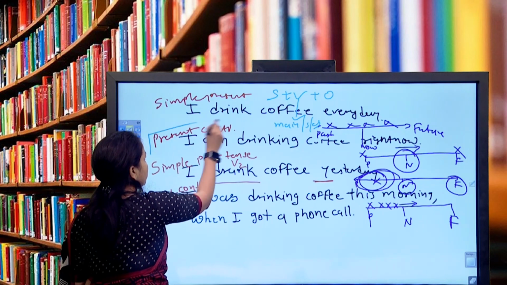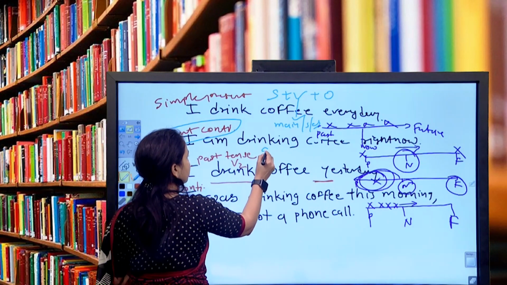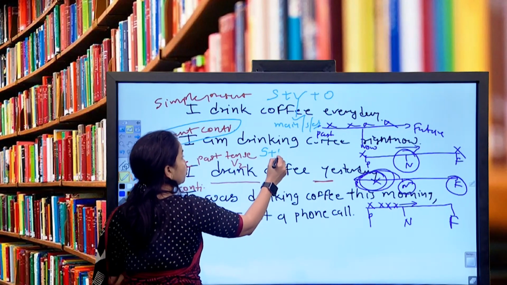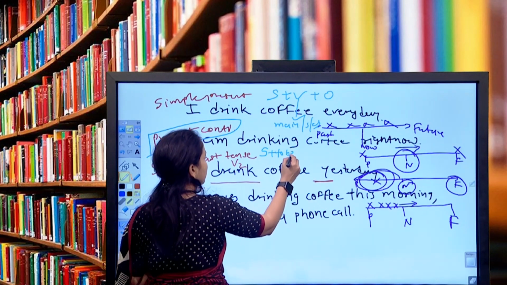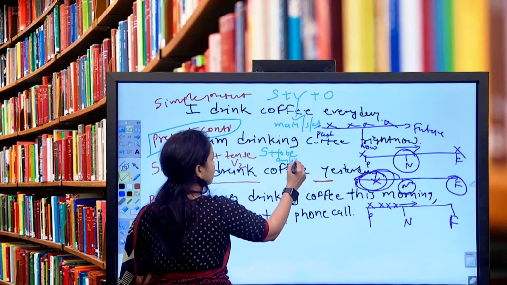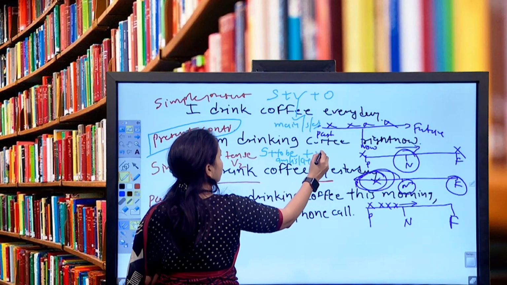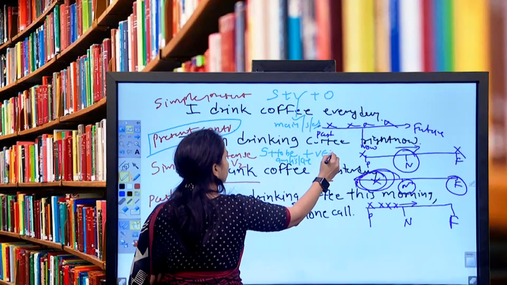If we talk about present continuous, what is the form of the verb? Subject, to be form, you can say am, is, are plus main form of the verb with ing.